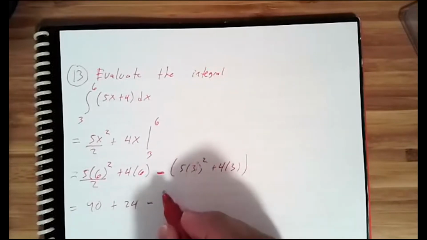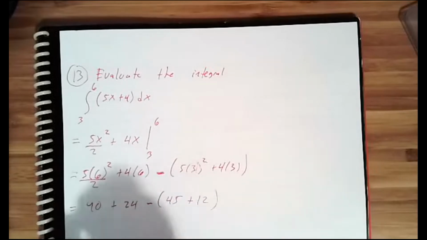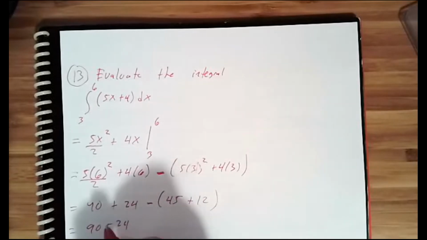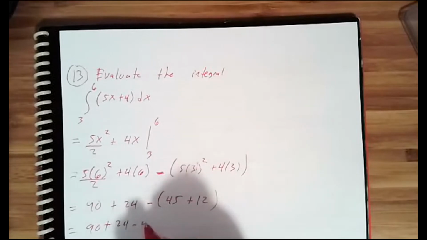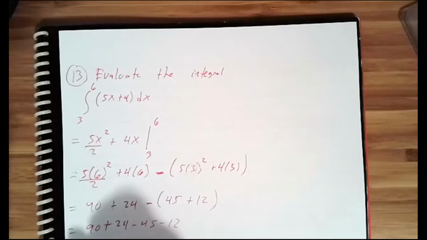Minus 9 times 5, that's 45, plus 12. So 90 plus 24 minus 45 minus 12. So that will be 57, right?